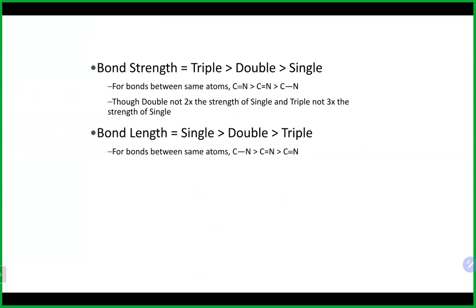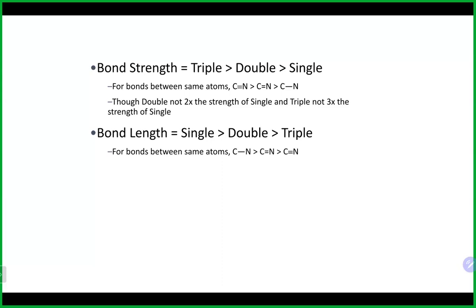And that does have a big effect on bond strength. When we talk about bond strength, a triple bond is typically stronger than a double bond, and a double bond is typically stronger than a single bond. By the way, both of these trends are not perfect.